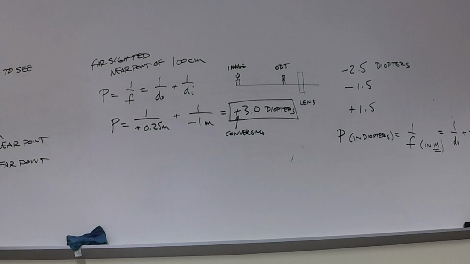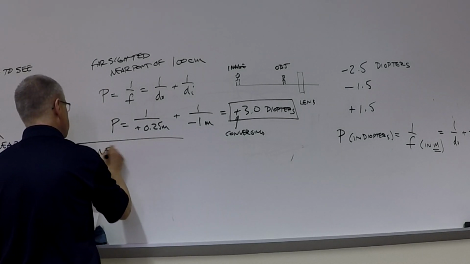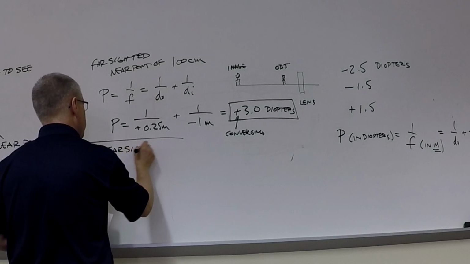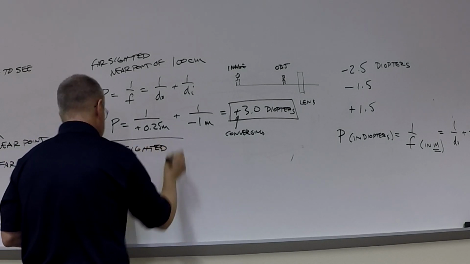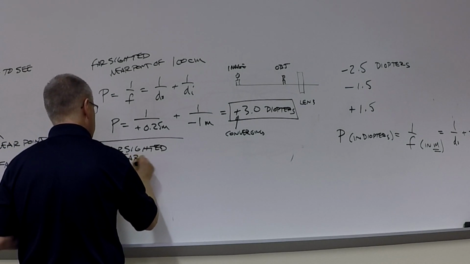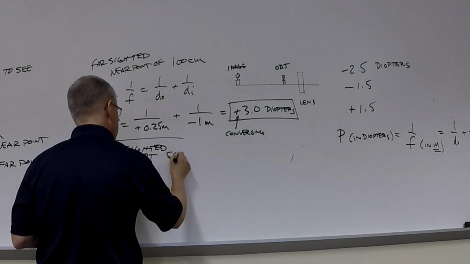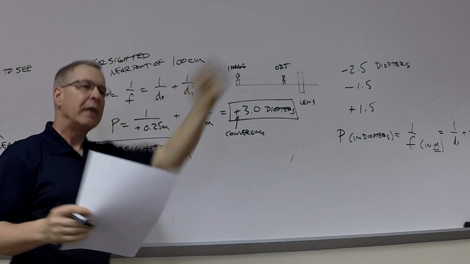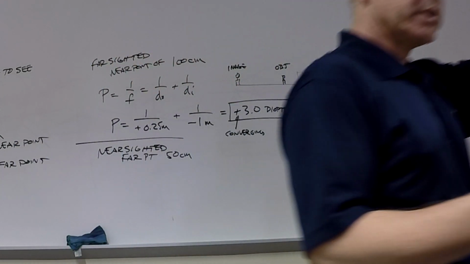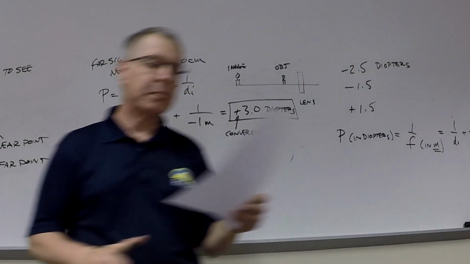Now all of us nearsighted people, let's see how that works. So here's a nearsighted example. Let's say this person has a far point of 50 centimeters. So go about half a meter out and things start to get fuzzy. Let's prescribe a lens for this person.